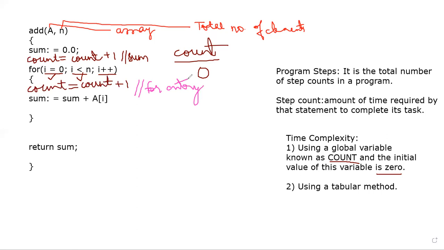Clear? Now, after that, what is happening? After this, some incrementation is happening. sum is equal to sum plus a of i. So that summation is happening. And you know how this for loop works. So since this statement executed, you are incrementing count is equal to count plus 1.